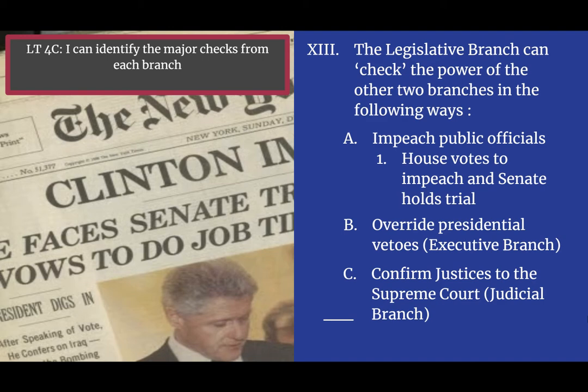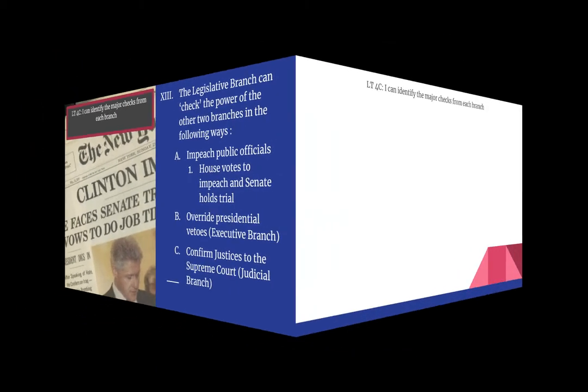In order for a justice to become part of the Supreme Court, they have to go through the executive branch and the legislative branch. So this is a check on the judicial as well as the executive. Make sure the executive nominates qualified judges, and then the Senate is in charge of confirming them. So they have the final say whether or not that justice would be on the court.